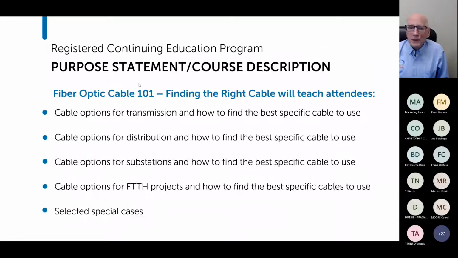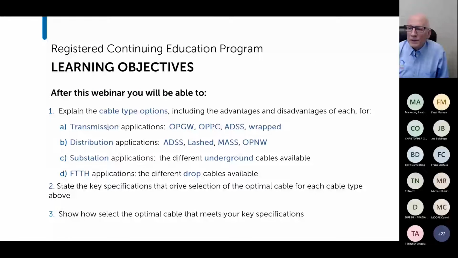The course description: we're going to be talking about finding the right cable. So what your cable options are by application: transmission, distribution, substation, fiber to the home, and some special cases. And then here are the specific learning objectives that we have.